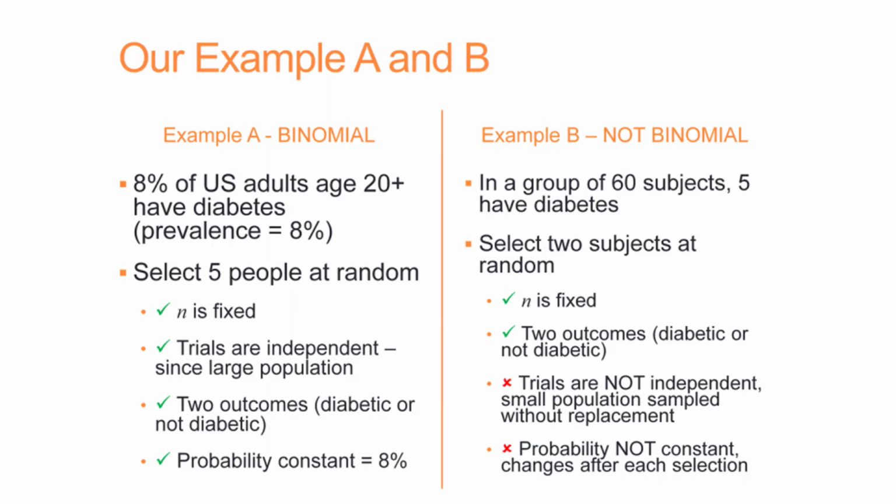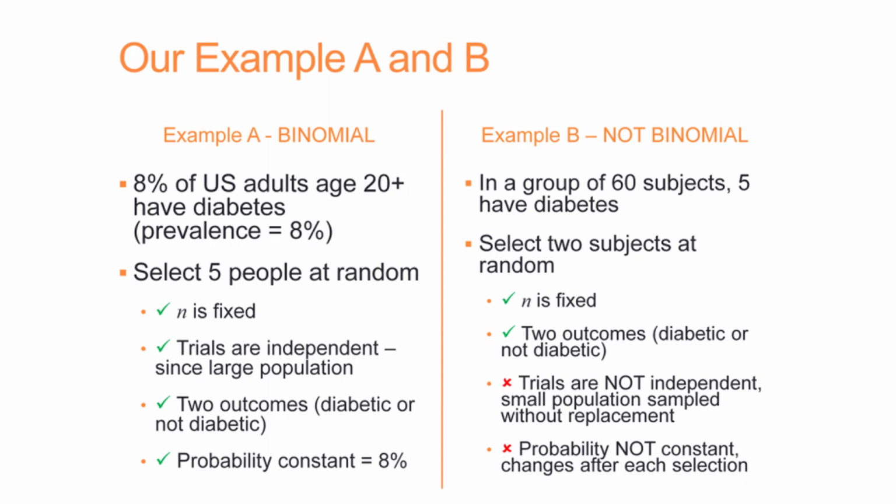Therefore, we can consider example A to be a binomial experiment with n equal to 5 and p equal to 0.08. In example B, we have a group of 60 subjects, of which 5 have diabetes. We will select 2 subjects at random. Here there is a fixed number of trials, 2, and we only have 2 outcomes, diabetic or not diabetic.